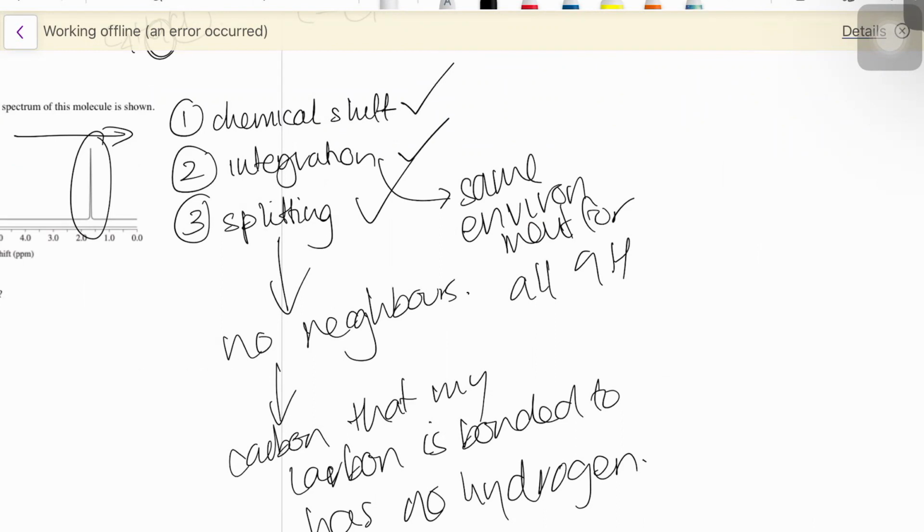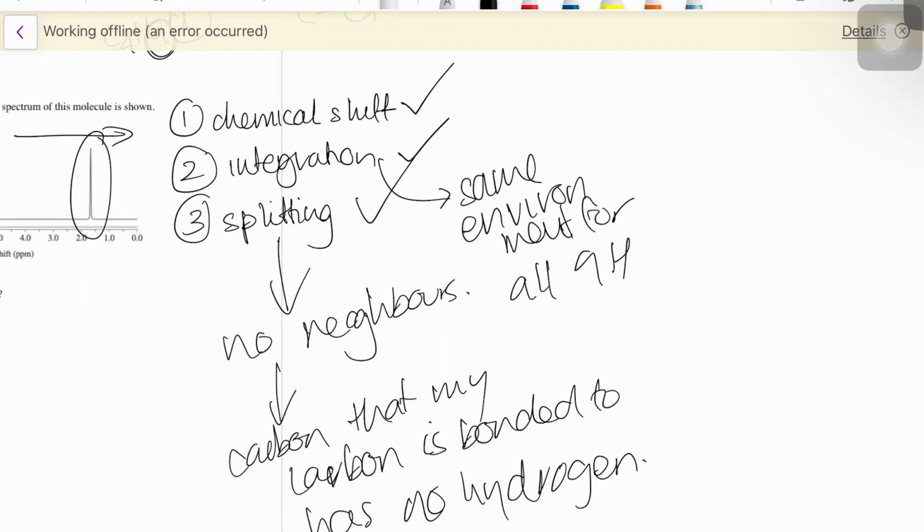Awesome. That's the kind of thought process you want to go through every time you're interpreting a spectrum. Do not look at your molecule first. If it's an 8-mark question, do not try to predict the structure of the molecule without going through step-by-step chemical shift, integration, and splitting for your spectra.